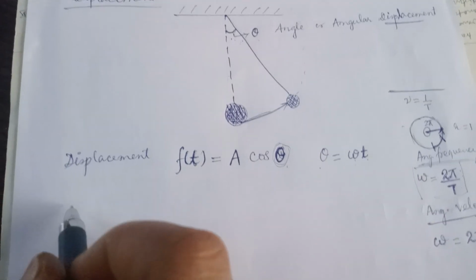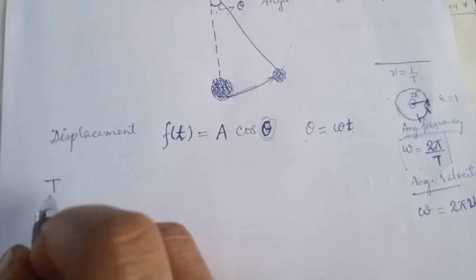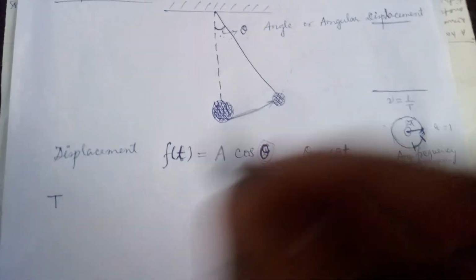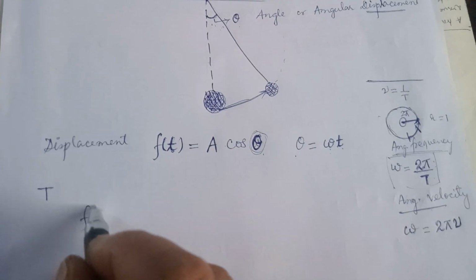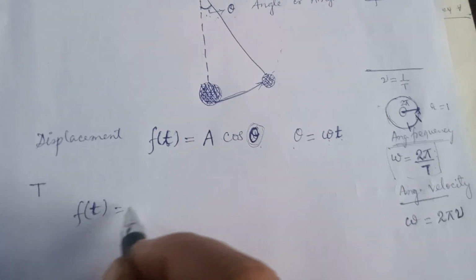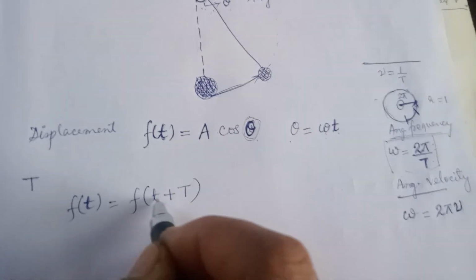Hence, after every time interval T, motion repeats. Therefore, we can express displacement as f(t) is equal to f(t plus capital T).